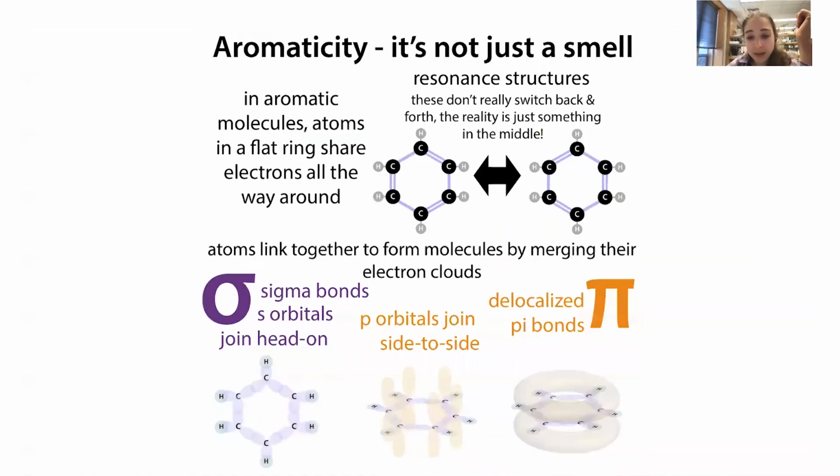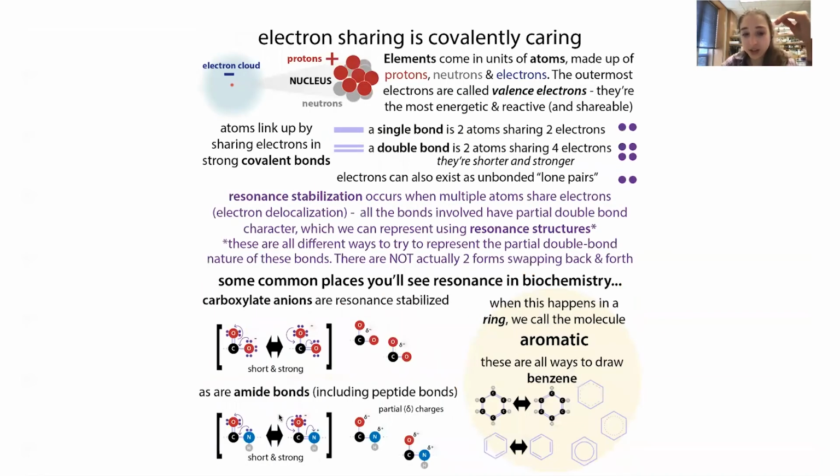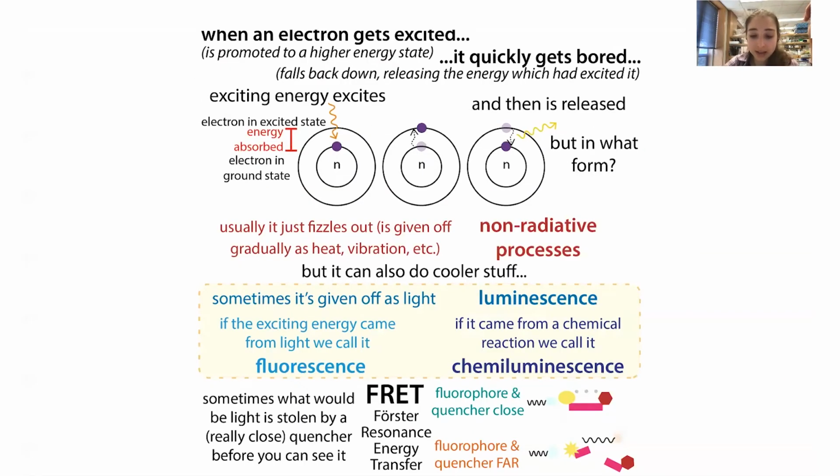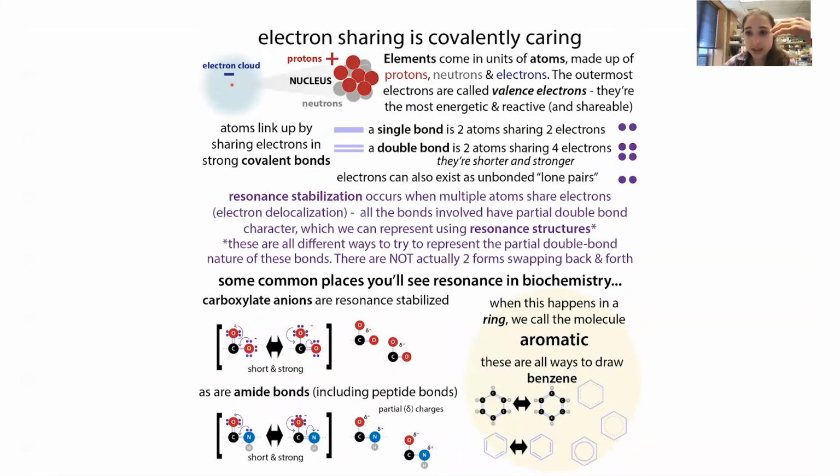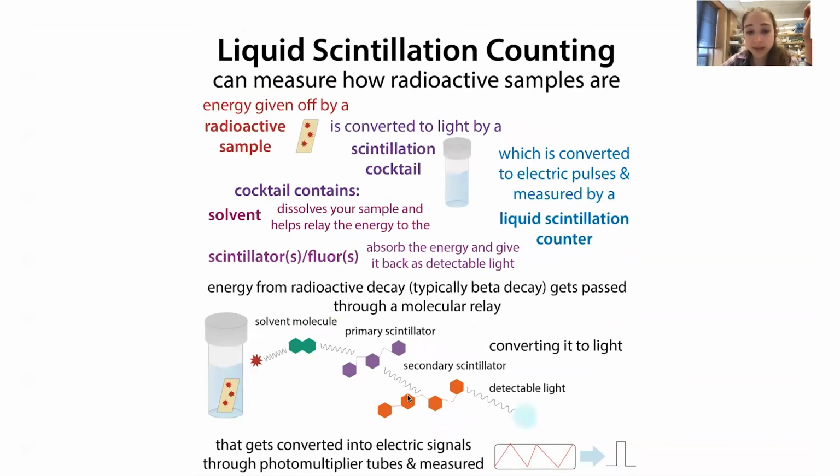When you have an aromatic molecule, with conjugation, where you have these shared electrons, it makes it easier for electrons to absorb light at energies that are useful to us. And so you'll see a lot of these molecules have these aromatic rings, this conjugation. This allows them to absorb the energy and ultimately give it off as this light that's detected by the scintillation counter.